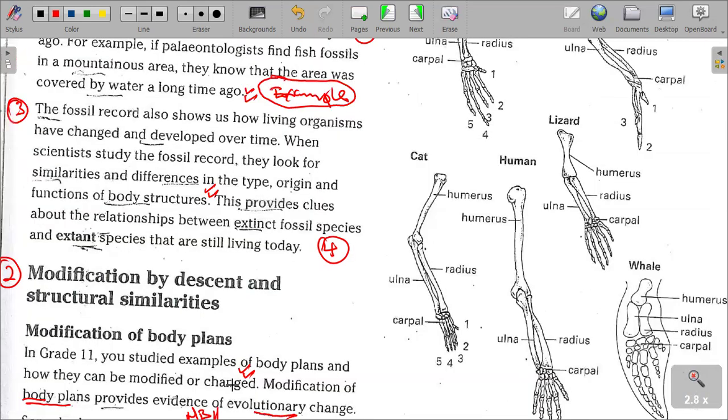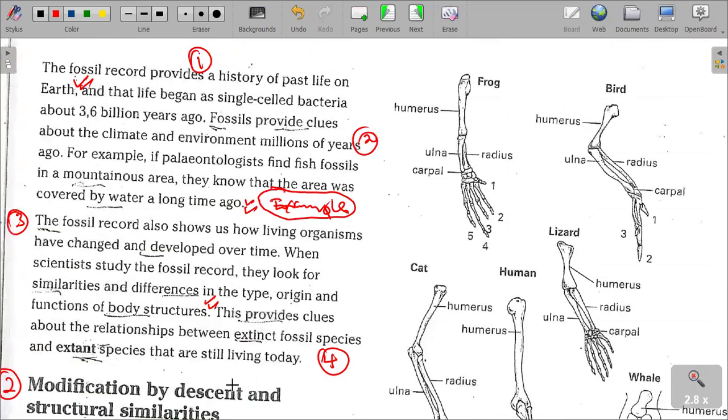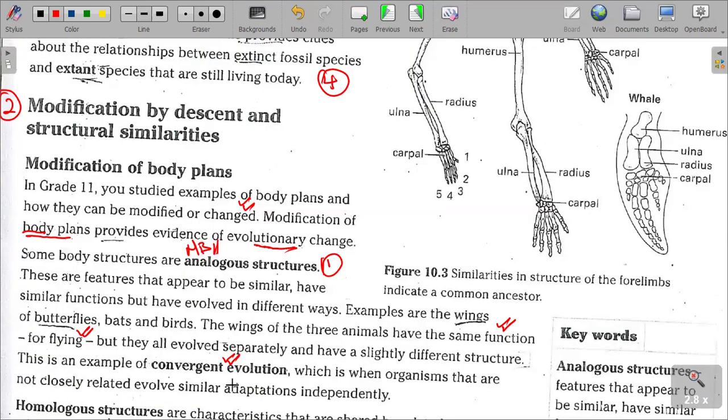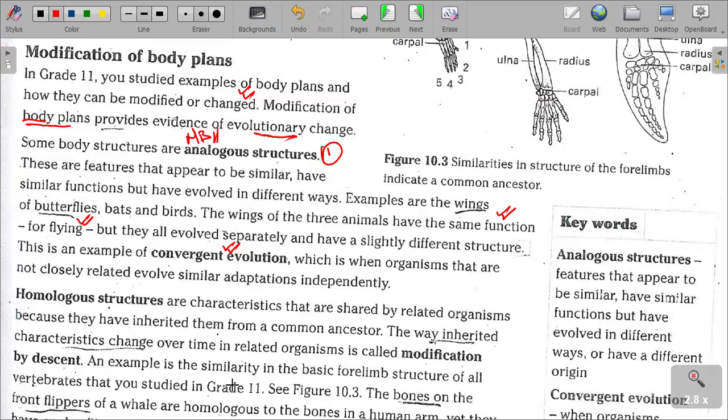So we have to understand that these are called analogous structures: features that appear to be similar and have similar functions, but evolved in different ways, or have a different origin.